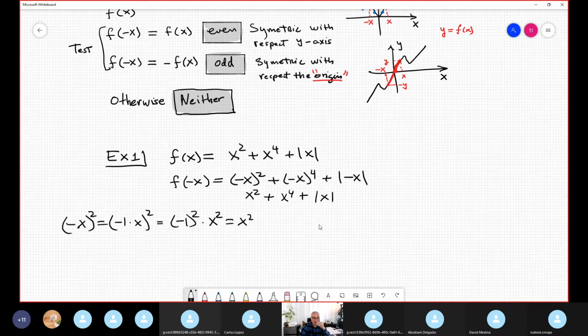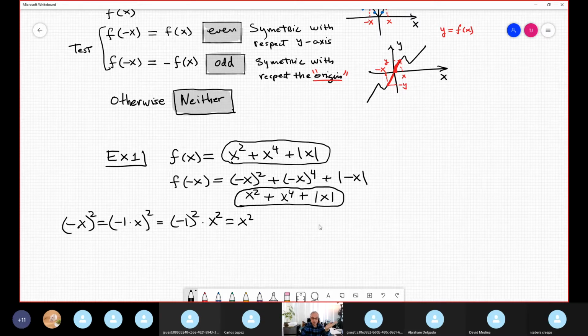So it's absolute value of x. And we compare this expression, the new expression after the transformation, which by the way is a reflection with respect to the y-axis, and the original. They are identical, they are twin brothers. Therefore, definitely, this function in example 1 is an even function.